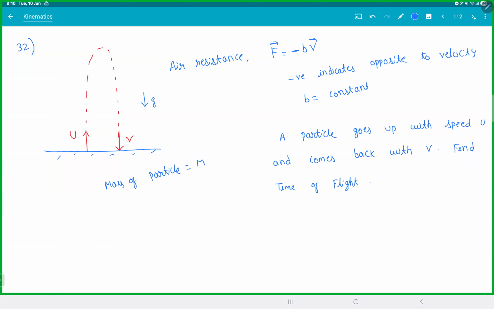So the answer should come in terms of u, v, m, g, and b. You throw the particle with u, it went up and came back with v. So this we already showed. If you have air resistance, you'll not come back with the same speed. How do we approach this?